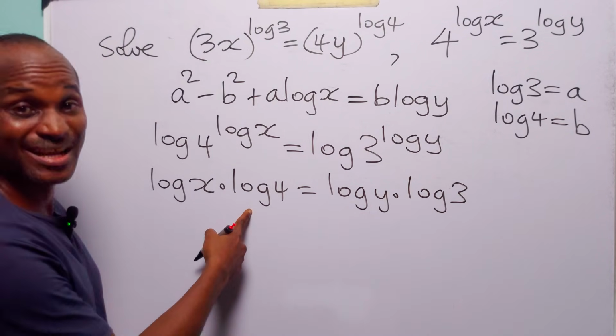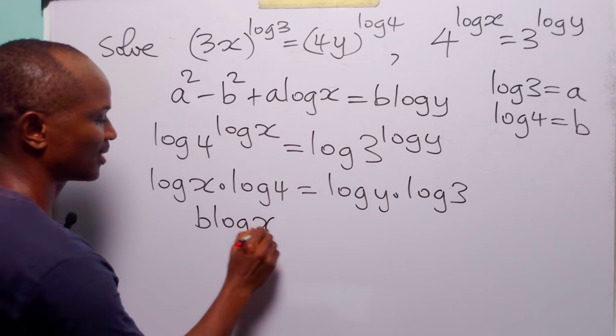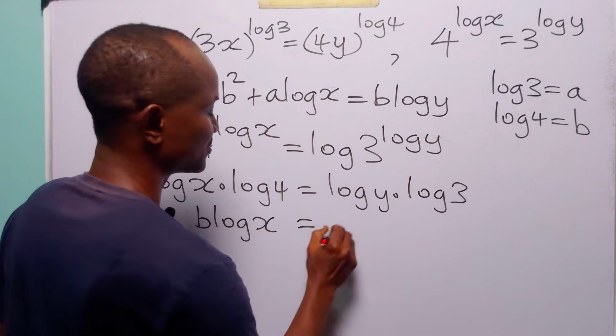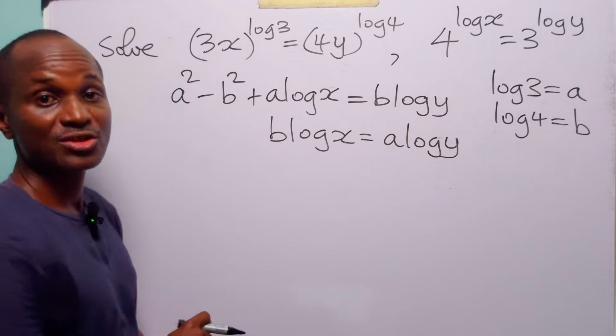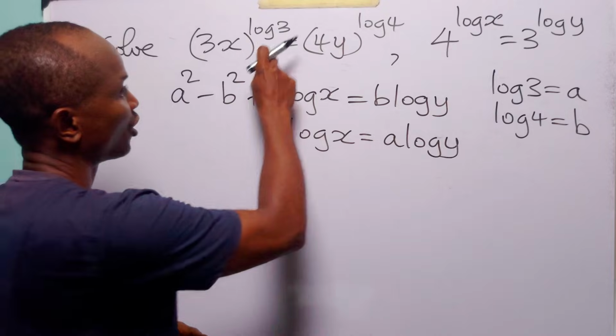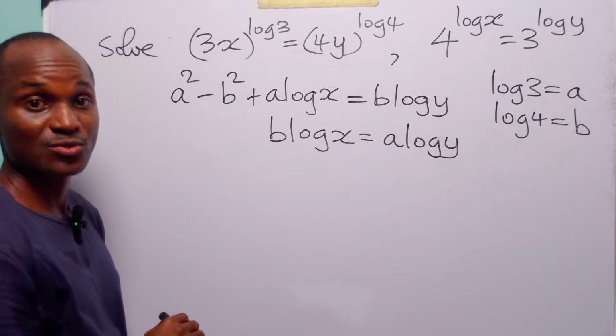Of course, log 4 is equal to B. So on the left-hand side, we have B log x, and this is equal to A log y. So finally, after taking log of both sides of both equations, these are the two equations we have.